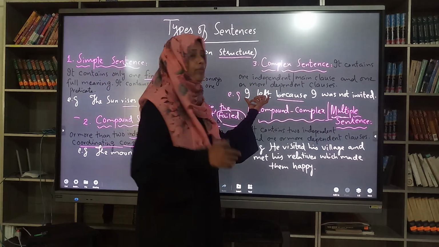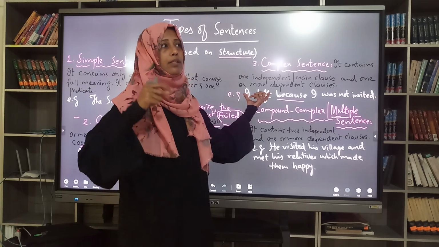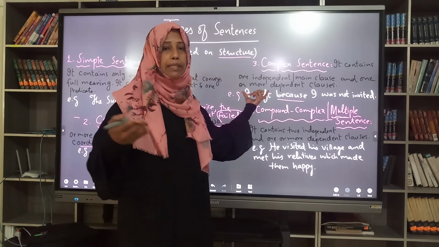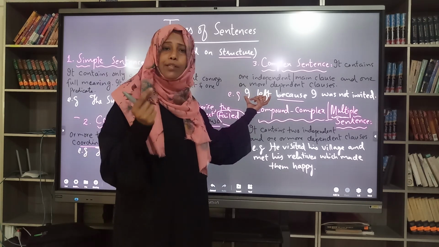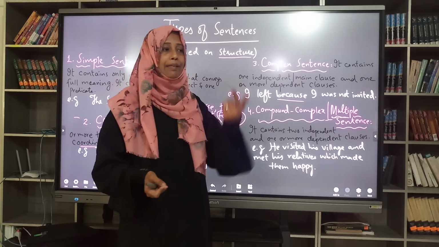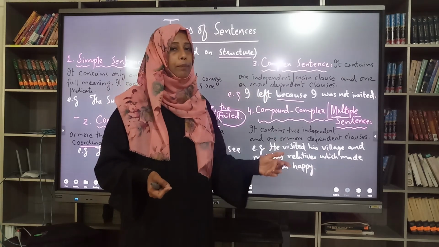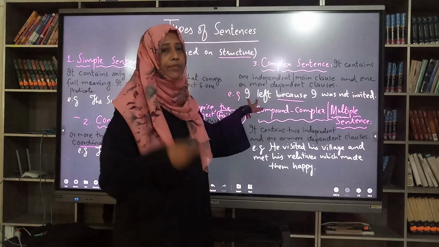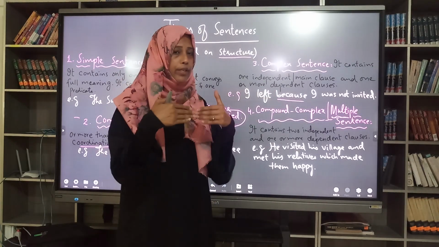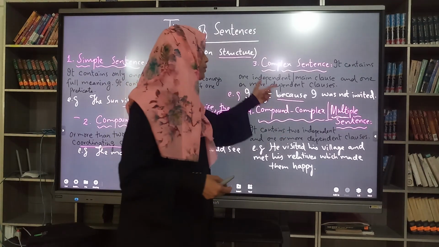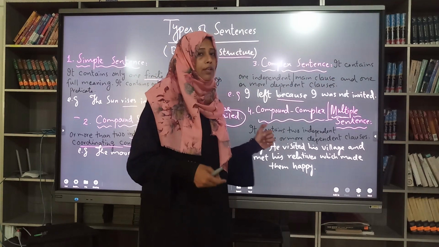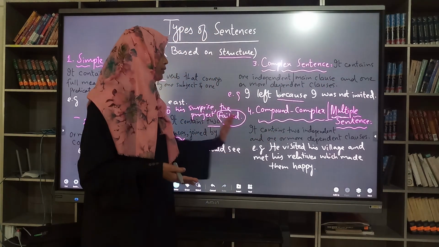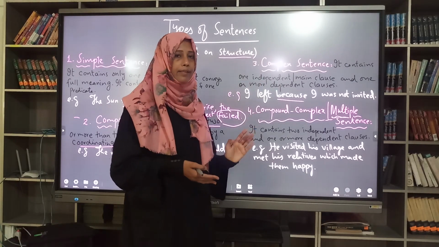Now, I left will give you the complete idea because according to English, the British English structure, the simplest structure of a sentence is that it contains a subject and a verb. So I left is a complete idea, but it is joined by a dependent clause, that is because I was not invited. So this will give it the particular name of complex sentence.